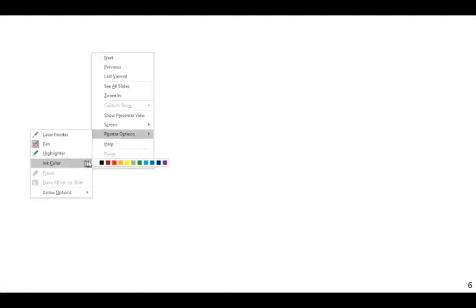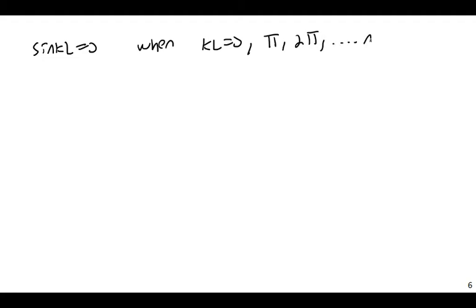And so sine of KL is going to equal 0 at certain periods of the sine function. So sine KL equals 0 when KL equals 0, pi, 2 pi, basically repeating endlessly over to n pi. This is just a trigonometry thing.